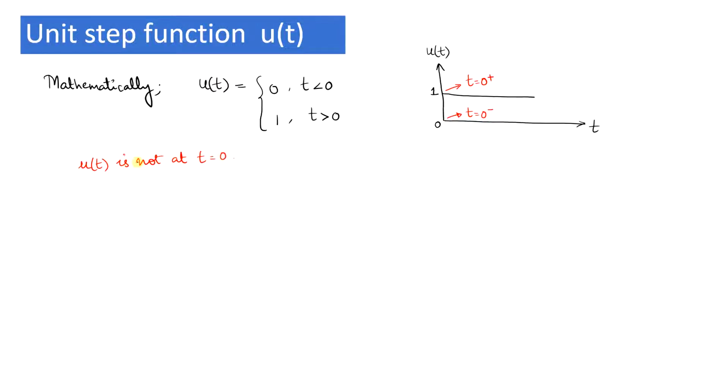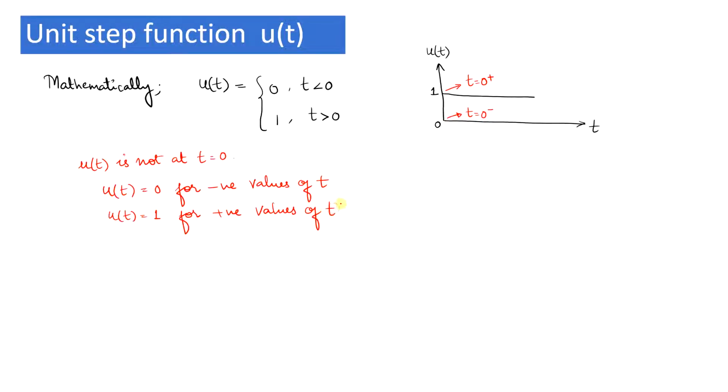Okay, so if I have to write in terms of negative and positive values of t, I can write u of t equal to 0 for negative values of t and u of t equal to 1 for positive values of t.